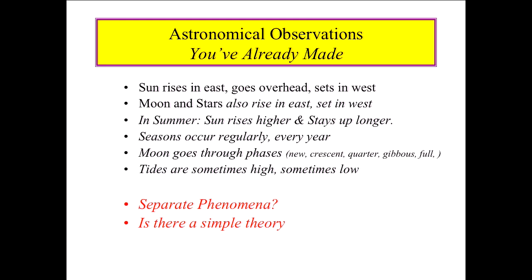It's not just a happenstance, just luck that the moon goes through phases or that we have summer, winter, fall, etc. These phenomena that are related to the objects in the universe must have some causal connection between how they behave and what we see.